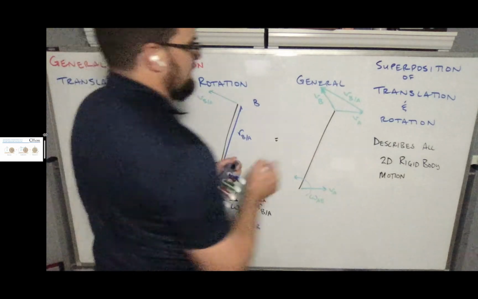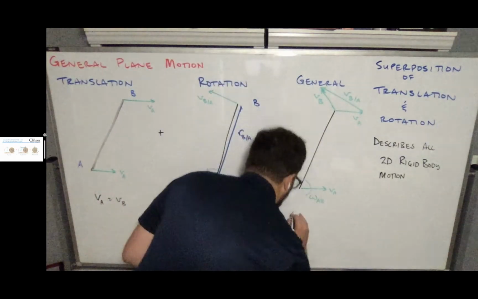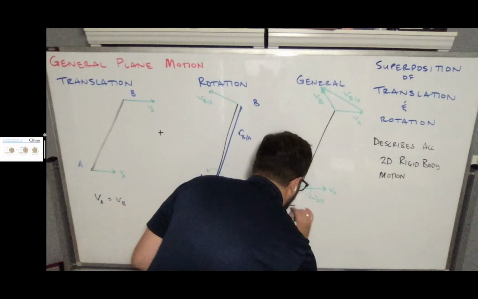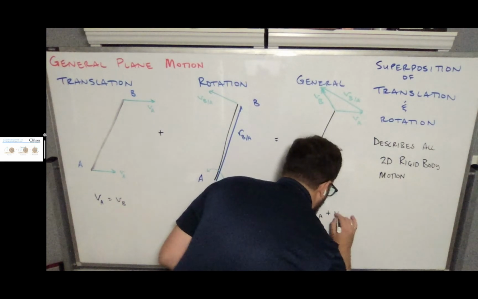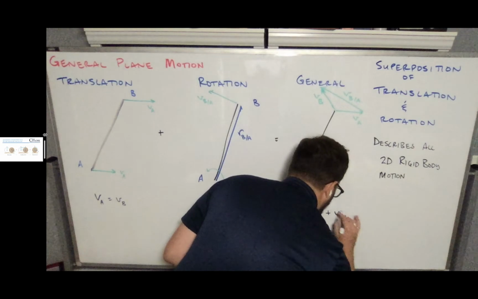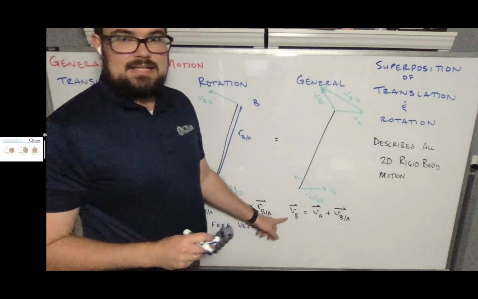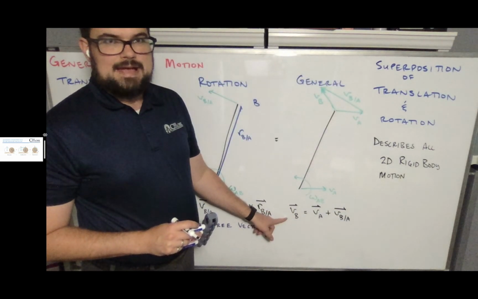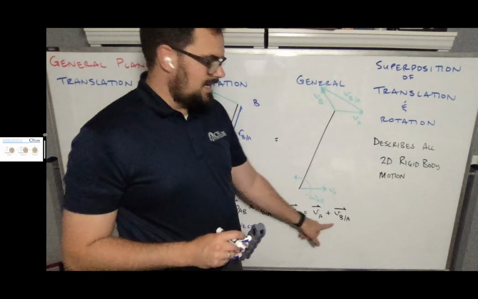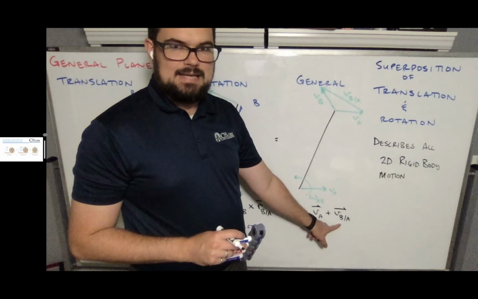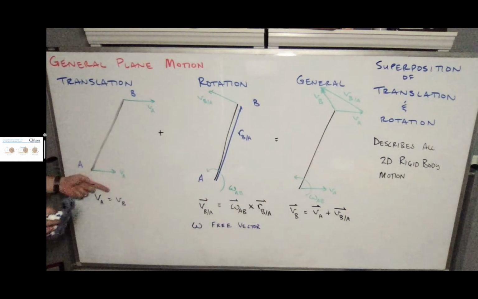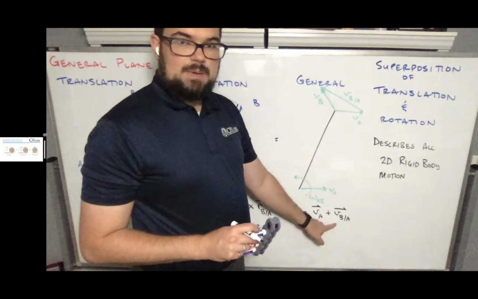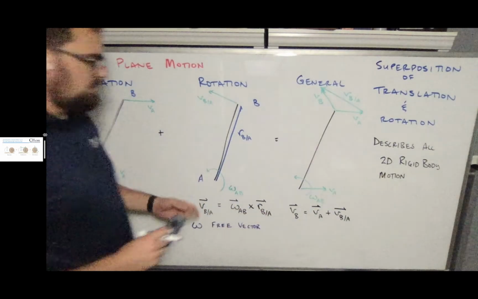And so if I wanted to write out that equation, the velocity at point B is equal to the velocity at A plus the velocity of B with respect to A. Hey, that's our relative motion equation. Y'all remember that? Velocity at B equals velocity at A plus B with respect to A. But now A is our translation component, like so, and B with respect to A is our rotational component.